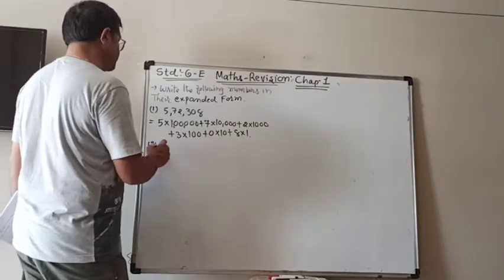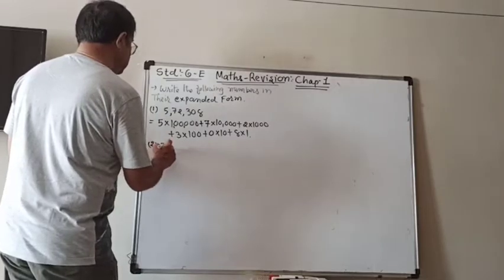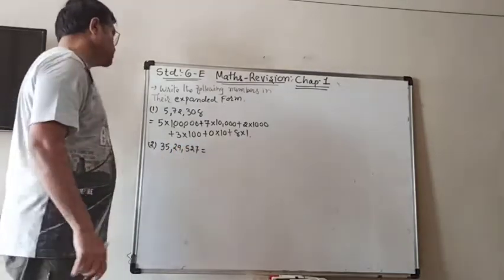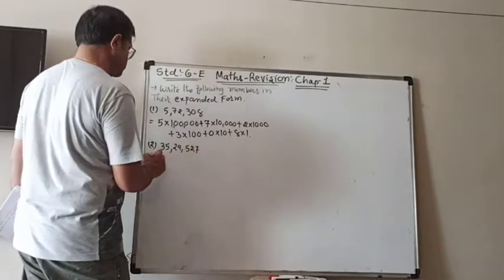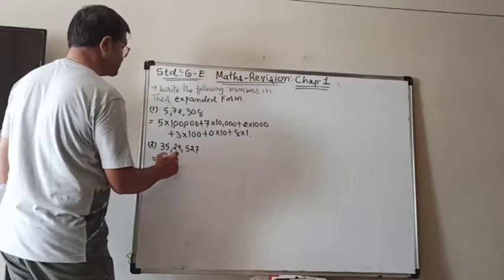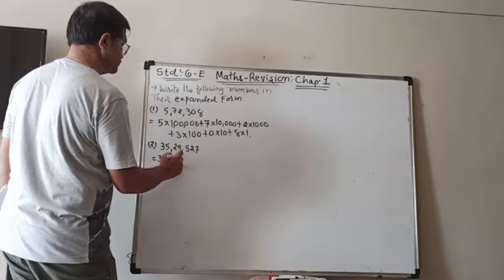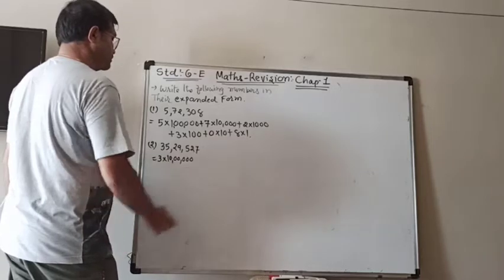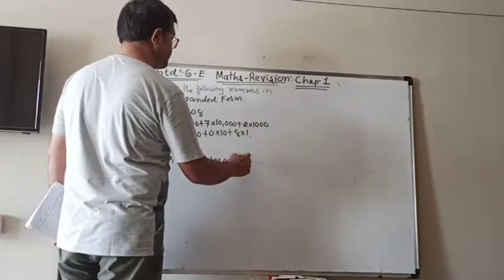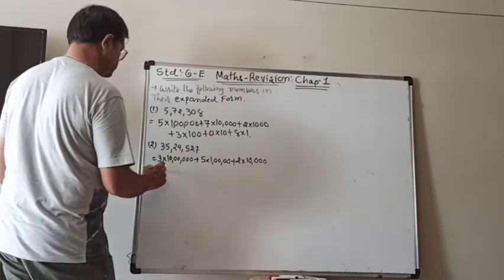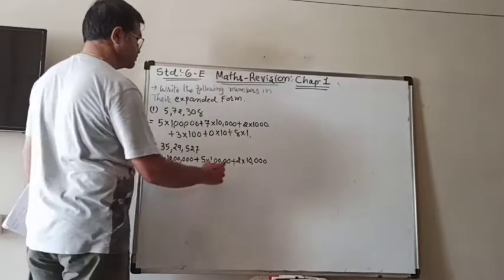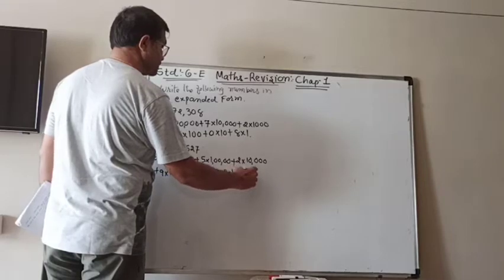Let's take another one. So here 35 lakh 29,527 is equal to 3 multiplied by 10 lakh plus 5 into 1 lakh plus 2 into 10,000 plus 9 into 1,000 plus 5 into 100 plus 2 into 10 plus 7 into 1.